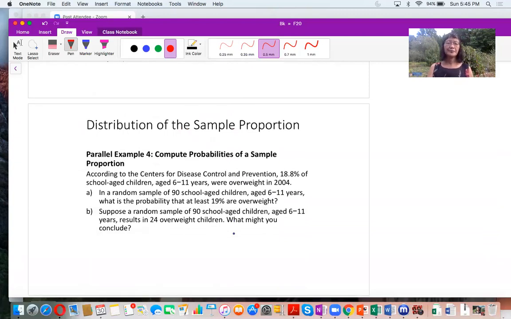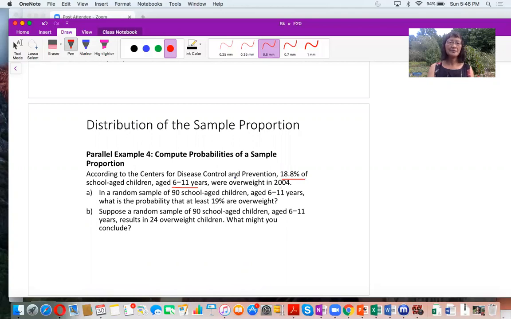Another example: compute probabilities of a sample proportion. According to the Centers for Disease Control and Prevention, 18.8% of school-aged children aged 10 to 11 years were overweight in 2004.